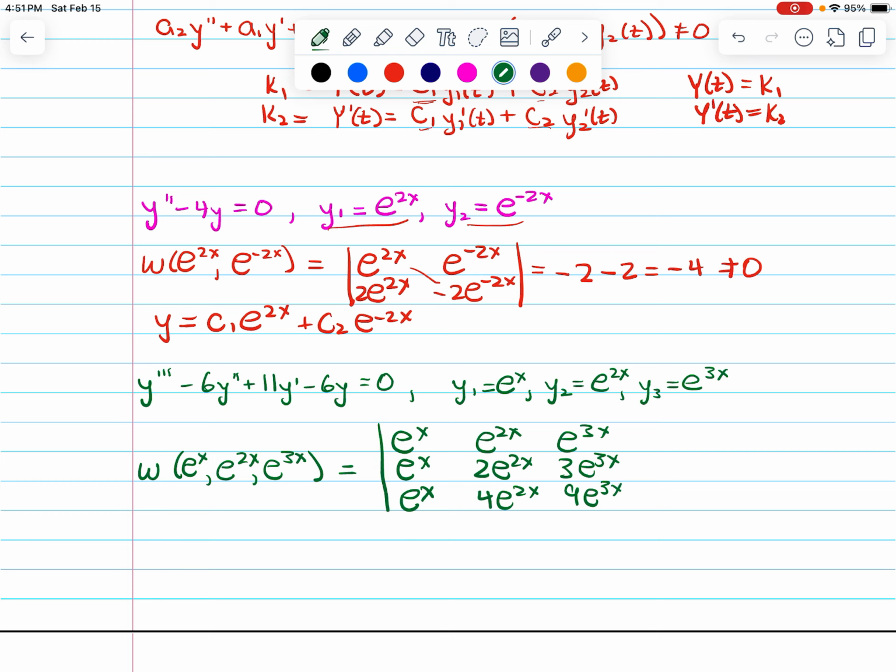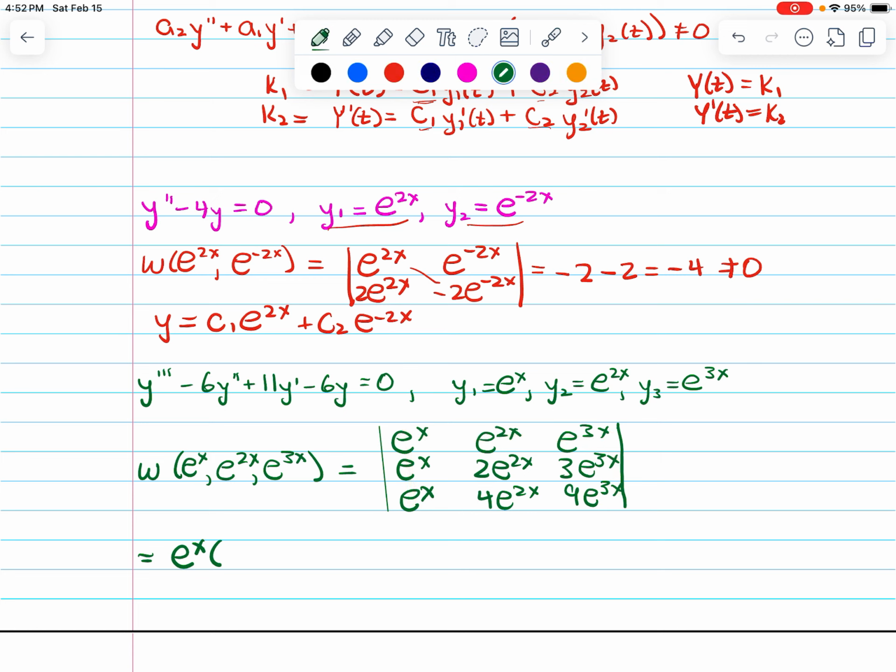I'm going to find the determinant. Now, remember how we find determinants. I'm going to use row 1 as my row that I expand the determinant about. So I've got this e to the x, and I multiply it. Now notice what I'm going to do is find this determinant over here, because I take out this column and this row, and then I find the determinant of the rest of it.